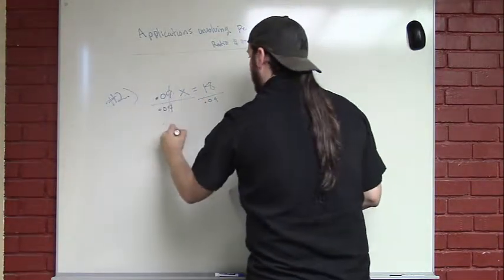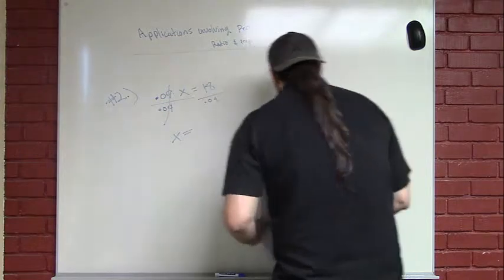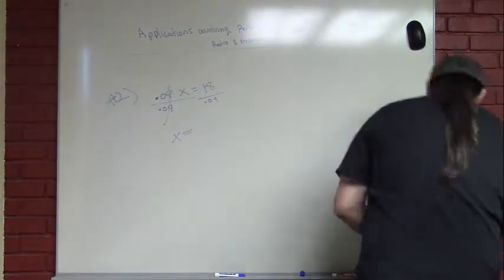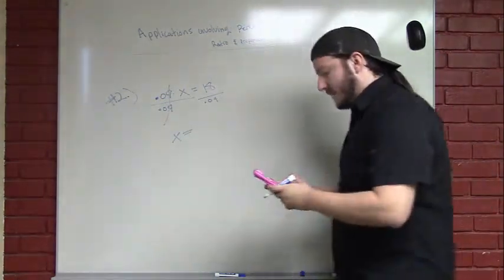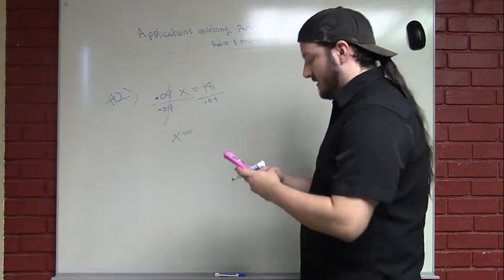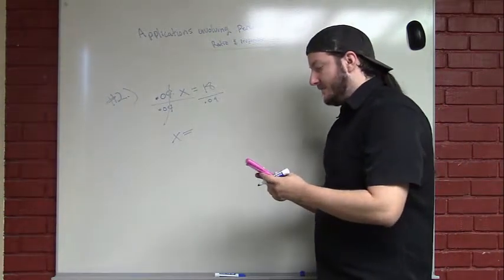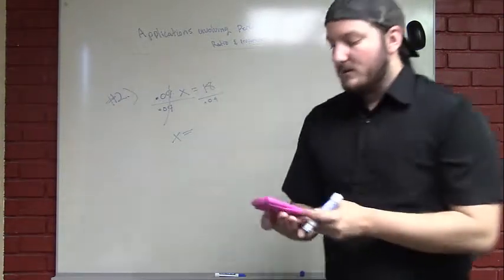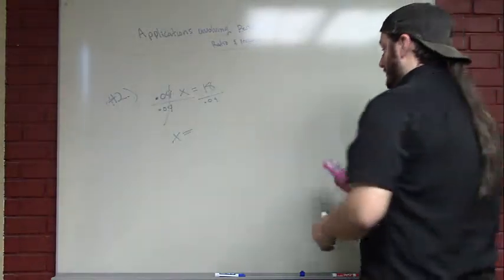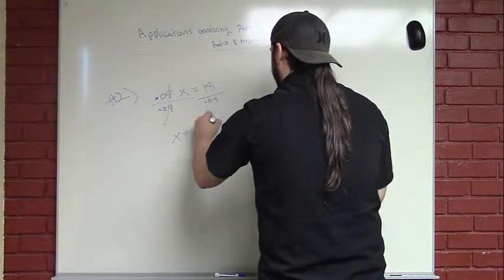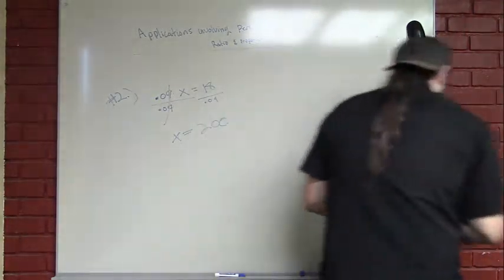And x is going to equal, I'm just going to punch this in my calculator for you guys, 18 divided by 0.09. 18 divided by 0.09 is 200. Okay?